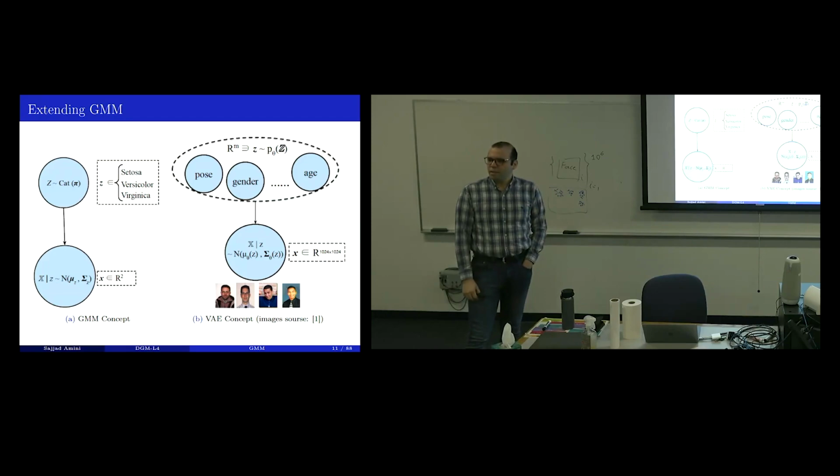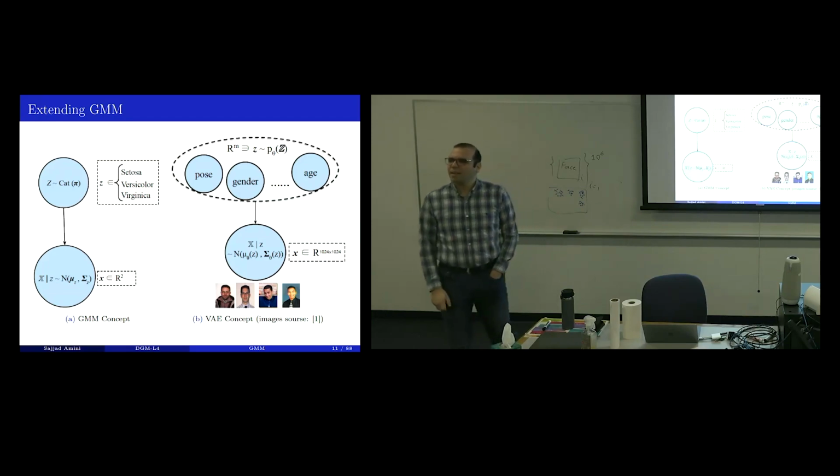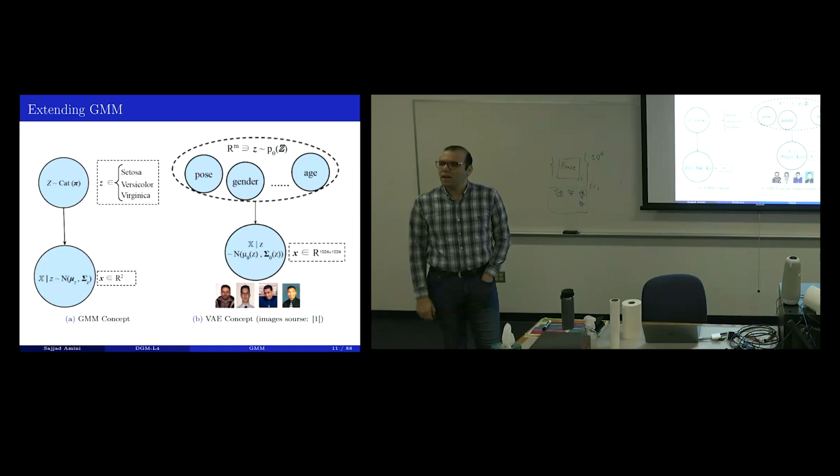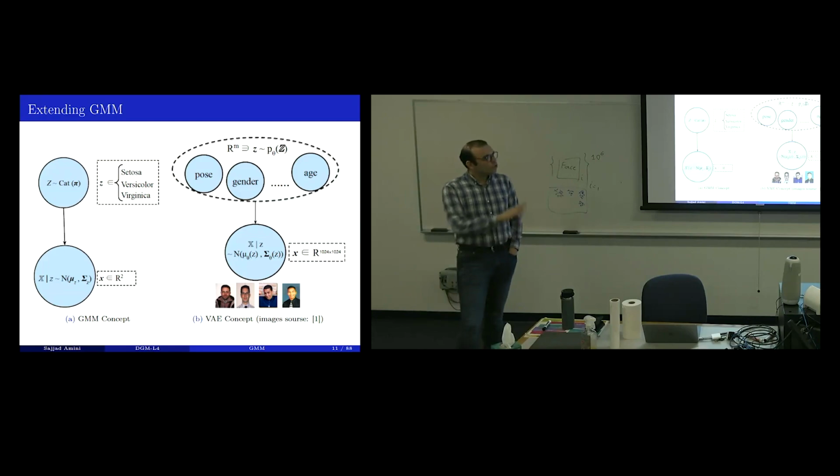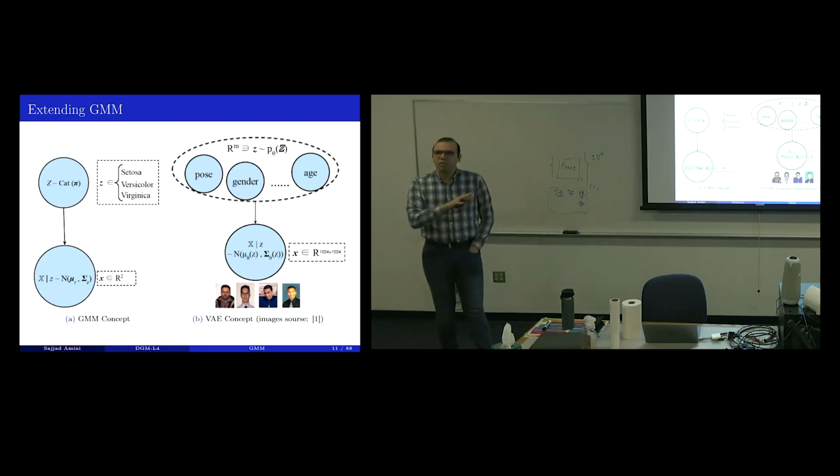When I train the model, do I have to choose these specific attributes? No, we do not choose the attributes. The attributes are just a conceptual understanding of the variational autoencoder.